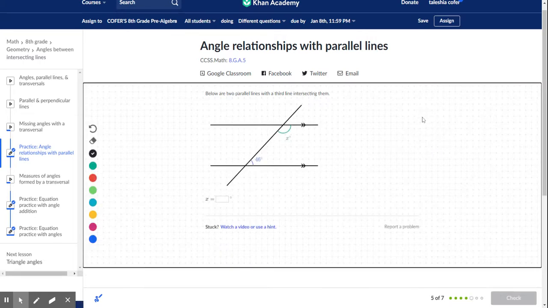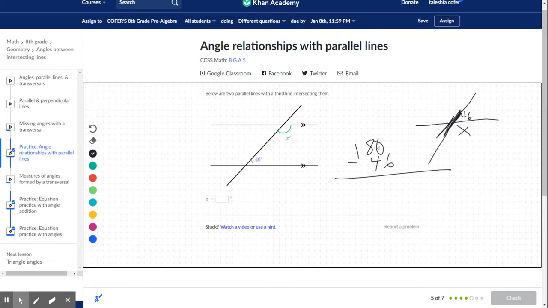On this one, let's take our line, combine them. At the bottom down here, we have an X. Up the top over here, we have a 46. Those come together to form a straight line. So now I have 180 minus 46.